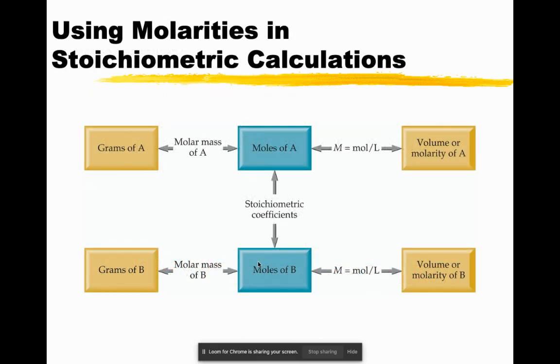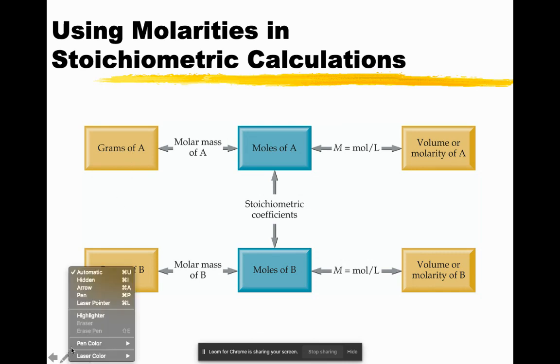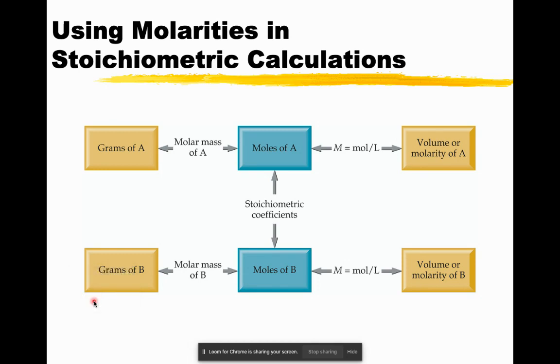Now we can actually use molarities in stoichiometric calculations. For our review, we know very well that if we are given the amount of substance A in grams, then we can calculate the amount of substance B in grams as well, and we have to go through this process.